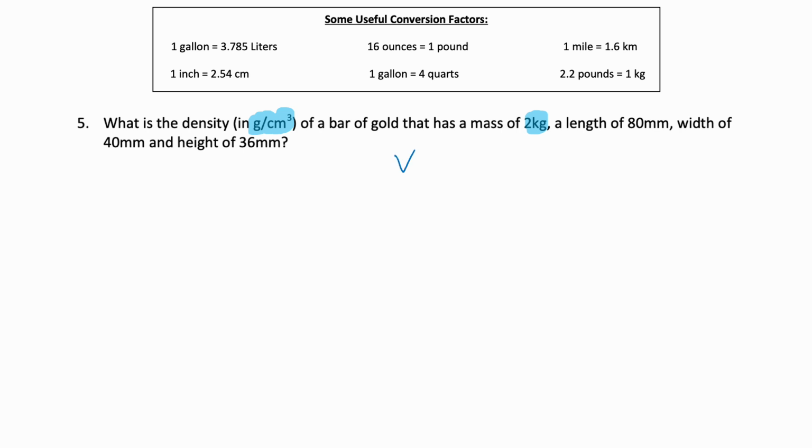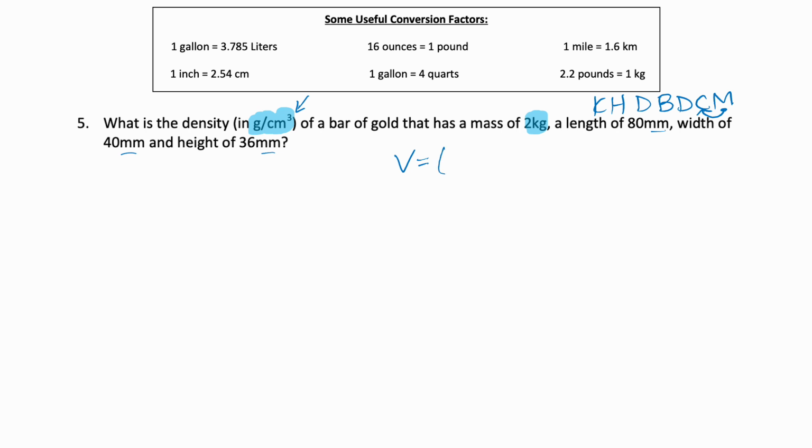Now, our volume that we want needs to be in centimeters cubed, and if we multiply all of these together, we would end up getting millimeters cubed. So when we're solving for volume, we need to change our millimeters into centimeters. And if you use King Henry died by drinking chocolate milk, we're in millimeters and we need to go to centimeters. So we're just going to move it 1 time to the left.